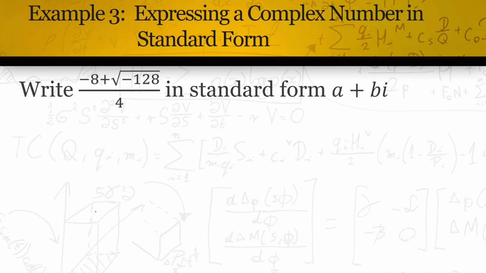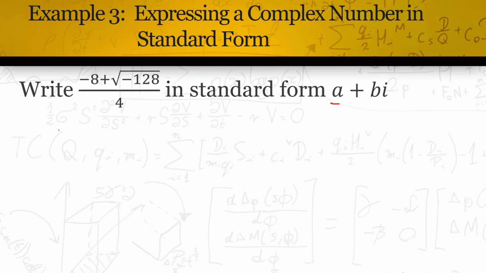Okay, now here we want to write this equation in standard form. Now remember, standard form is one number plus some other number times i. And we have a negative square root, so we're going to have an i in here somewhere.